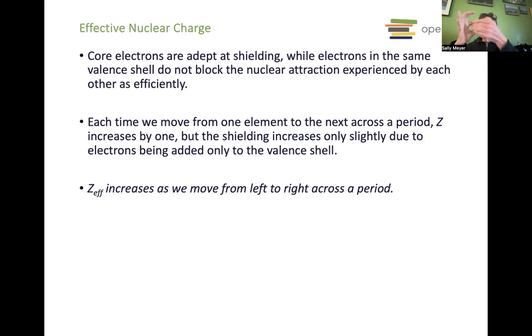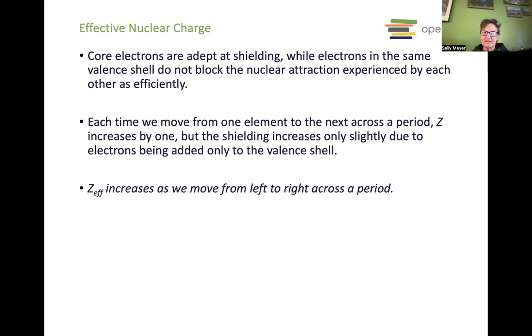But if you have electrons in this shell and you try to put another electron in this region, it's not shielded from the nucleus by the other electrons as much. So it's going to be held tighter and it's going to be smaller. So each time we move from one element to the next across the period, so going from left to right, Z increases by 1, but the shielding increases only slightly due to the electrons being added to the valence shell.